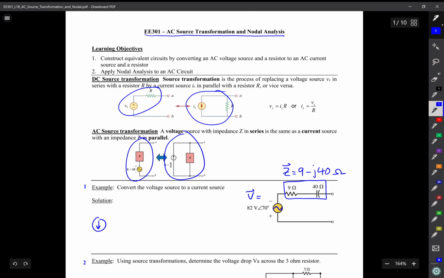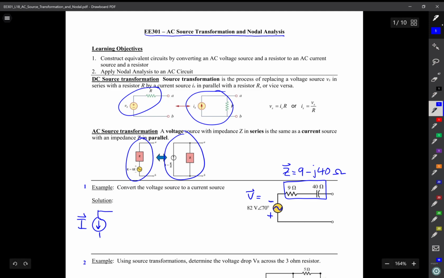Now notice that the arrow is pointing down because the polarity of my original voltage source is minus to plus from top to bottom, so the arrow is going down. And I'll label that I. Notice I put the hat or the arrow on top indicating that it's a phasor or a complex number. It has magnitude and it has a phase.